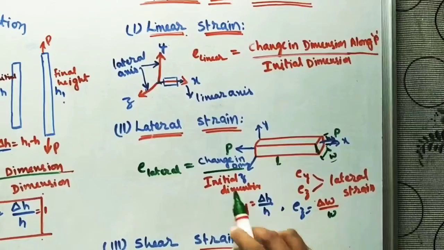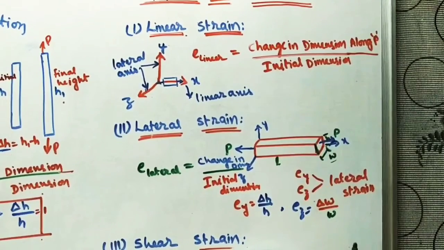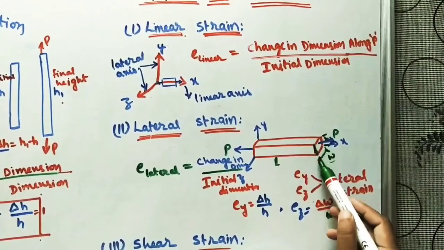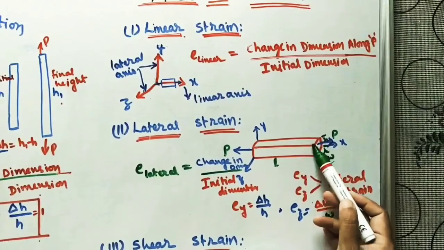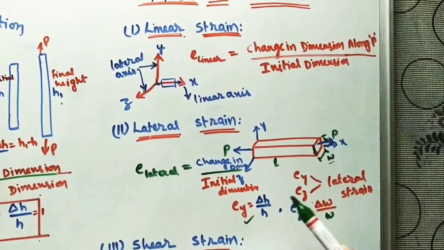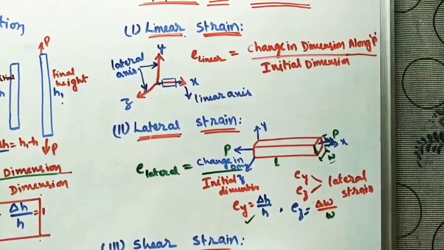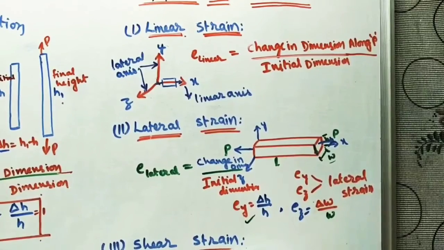These two are the lateral strains if you are taking the 3D object. If you are taking a 2D body, meaning only length and width, it has only one linear strain and one lateral strain, the height we are considering. Two-dimensional means x-axis and y-axis values are coming. If you are taking 3D, you get one linear strain and two lateral strains.